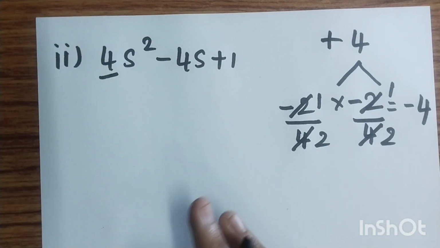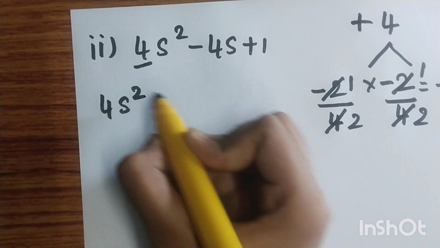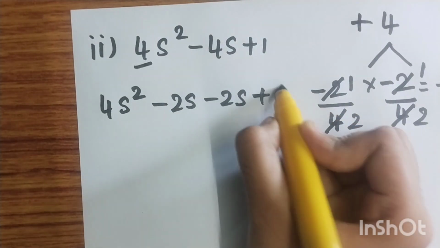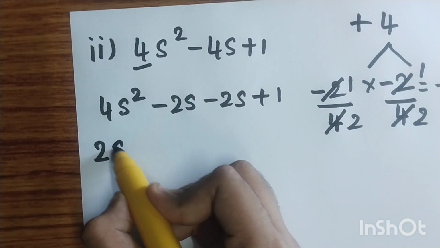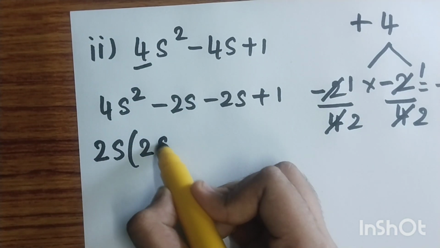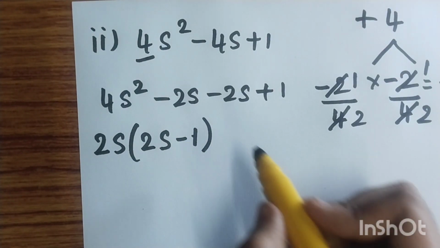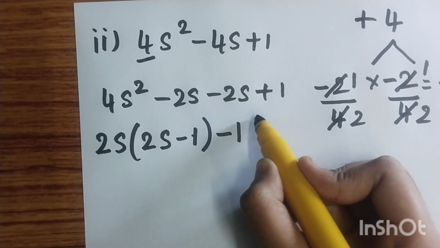So I'll be doing with clear steps. 4s square minus 4s plus 1, right? So I can take 2 table and s as common, so 2s minus 1, and here I'll be taking just the minus sign alone, so minus 1 common.